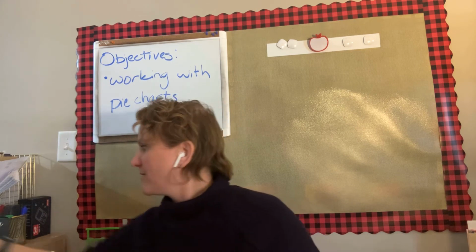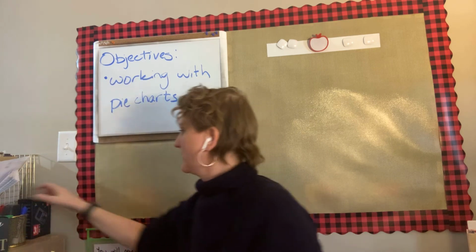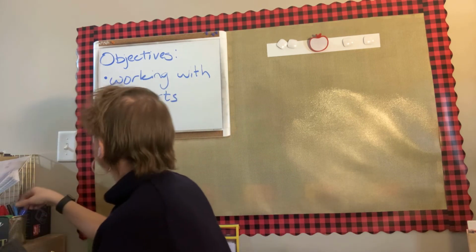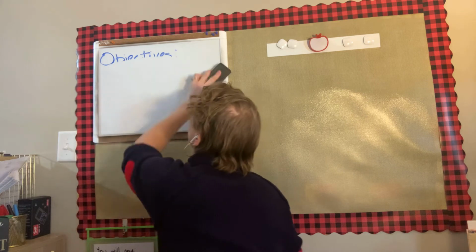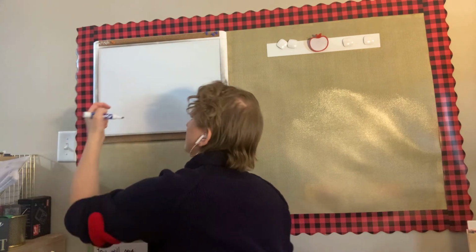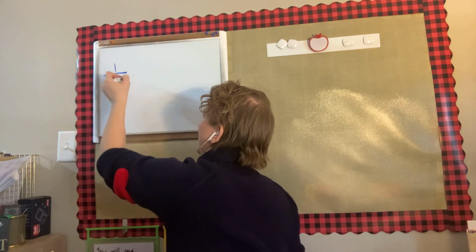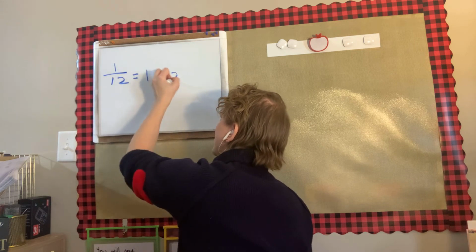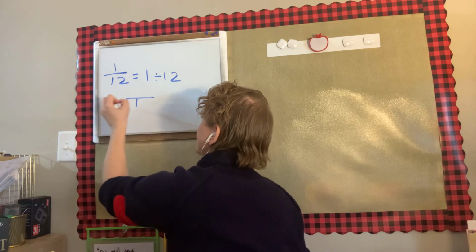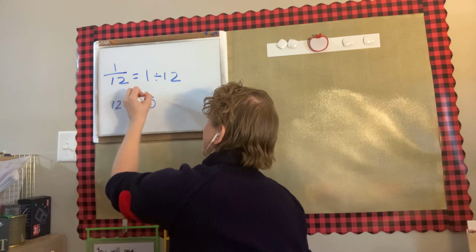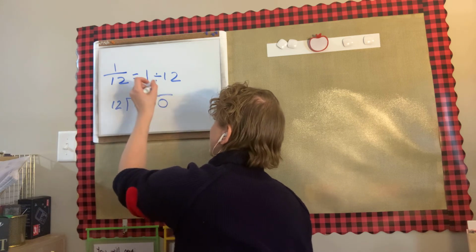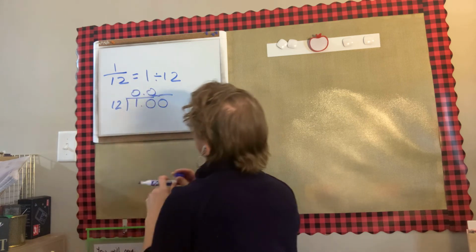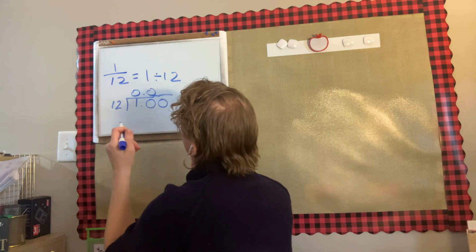Like for instance, I'll just do this real quick. We figured out, for instance, that one of our fractions is 1/12. We did this work today in class. Remember, 1 divided by 12, this is the process we built on yesterday. So you do that division, right? In order to work through this.